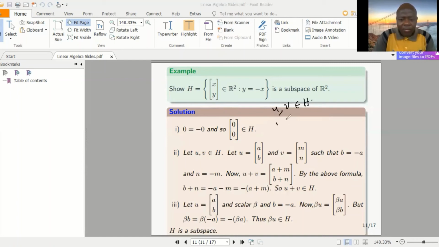I want to let u be (a, b), such that b equals negative a. I'm using this condition here, that the second element should be equal to negative the first element. And also I want to pick v, which is (m, n), such that the second element is negative the first element.